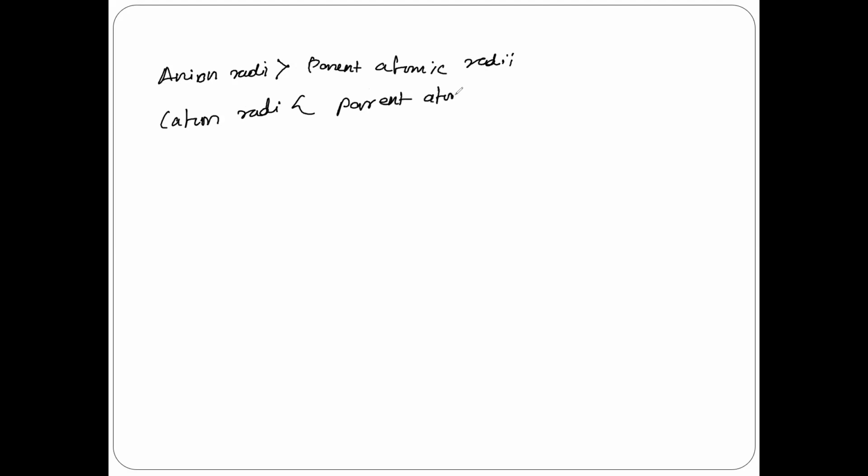This is the concept. According to that, you have oxygen, O2 minus, fluorine, F minus, and S2 minus.